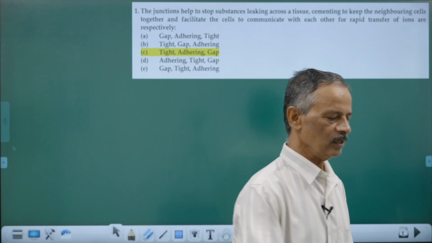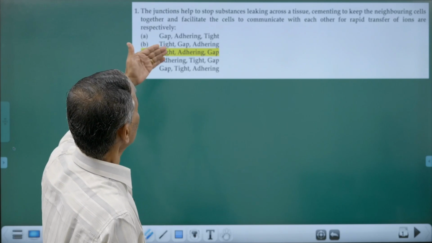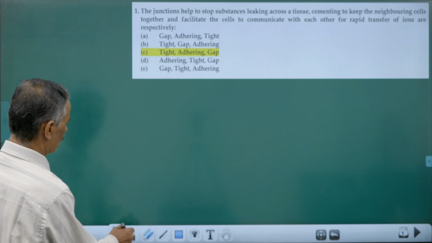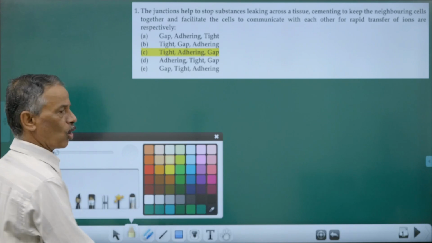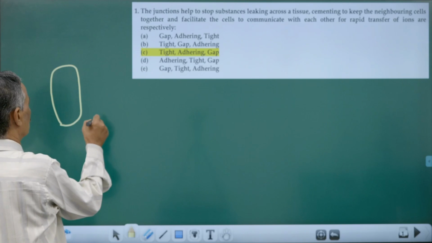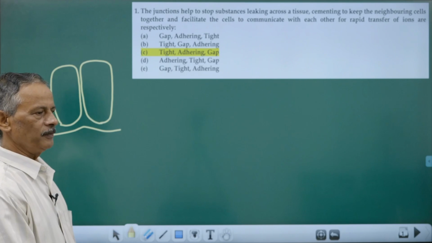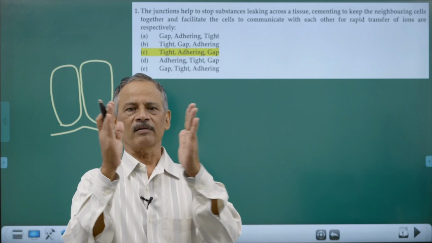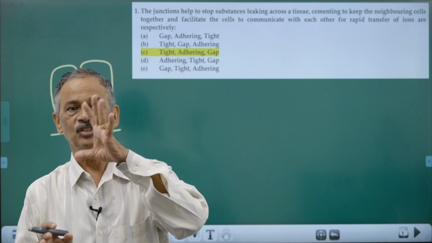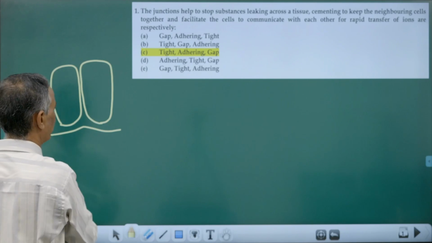Now, the questions in the board. The junction helps to stop substance leaking across a tissue. So understand that tissue is an organized group of cells, and in an epithelial tissue, the cells are all resting on a basement membrane, and the cells are closely or compactly arranged, leaving a negligible amount of matrix that fills the intercellular space.